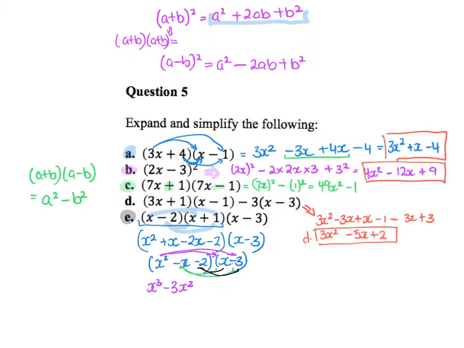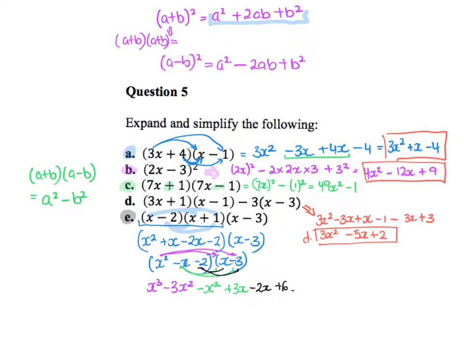Then I'm doing the green one, the middle term, so negative x by x is negative x squared, and negative x by negative 3 becomes positive 3x. And then the last one that I'm doing is the negative 2 times x, which is negative 2x, and negative 2 times negative 3 is positive 6.